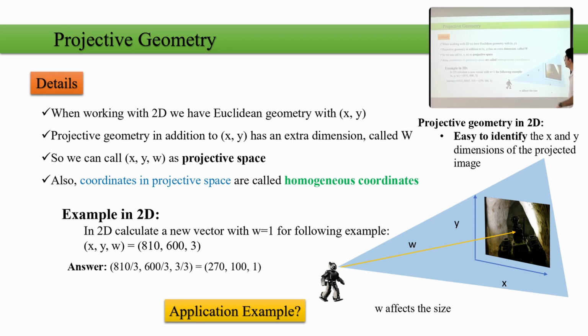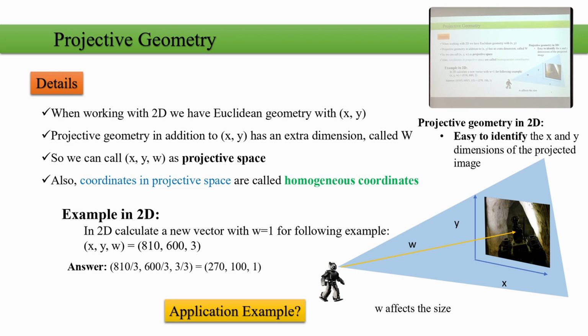Because if I tell you, this is the frame, the view that we have in the map, and you want to project it at different depths or different distances from where the robot saw the environment, then simply by adding w, we don't need to recalculate it again in the basic, formal form of projective geometry.